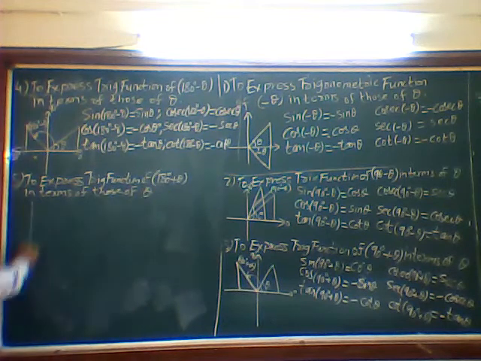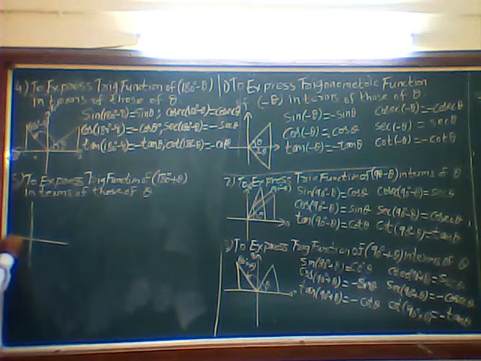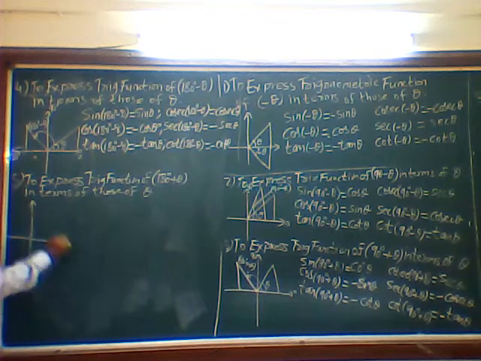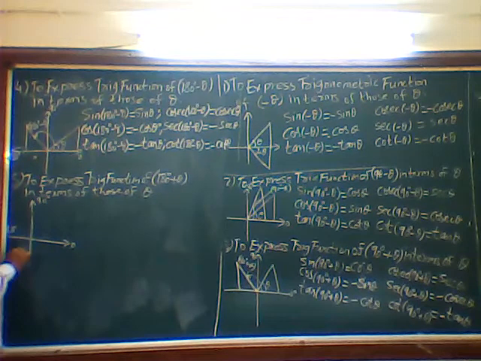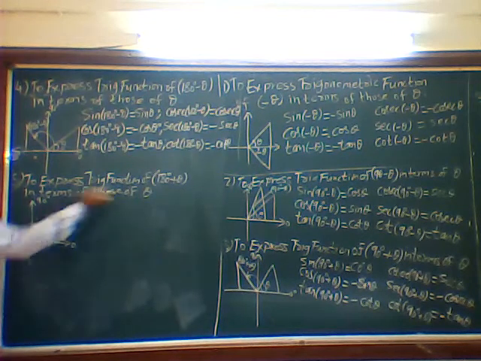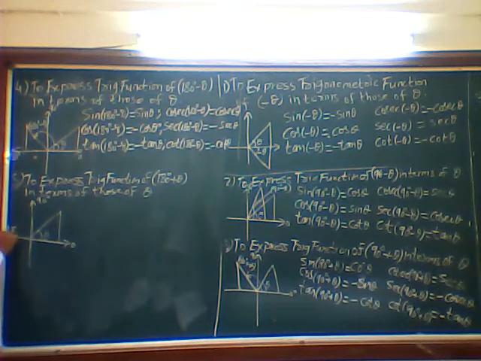Again the diagram: 0, 90, 180. Now this is my reference angle theta. 180 plus theta: after 0 to 90, 90 to 180, I am moving to the next quadrant. From here to here it is 180 plus theta, lying in the third quadrant.